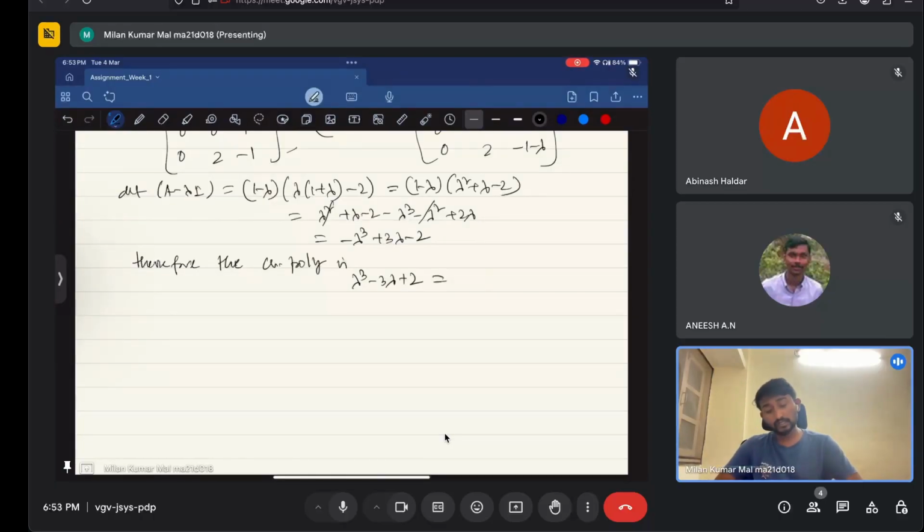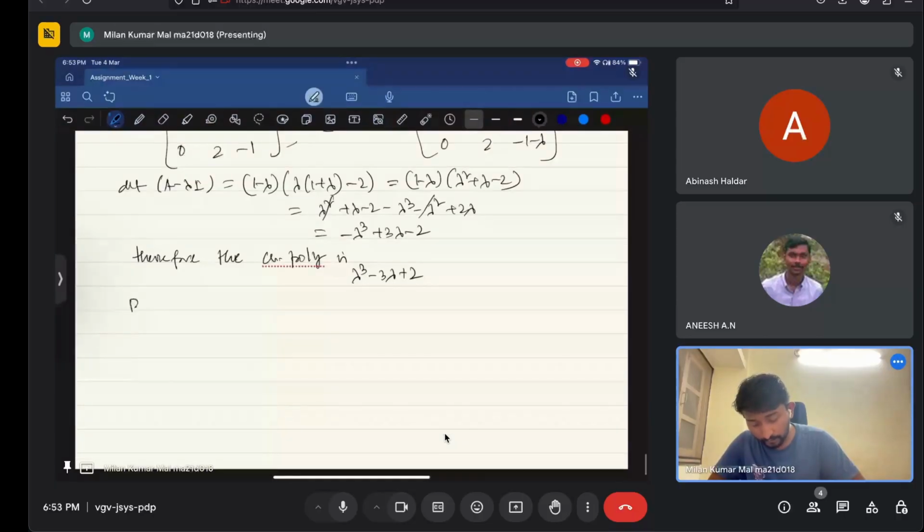Whenever we consider the characteristic or minimal polynomial, we should always take the coefficient of the highest degree term to be 1.